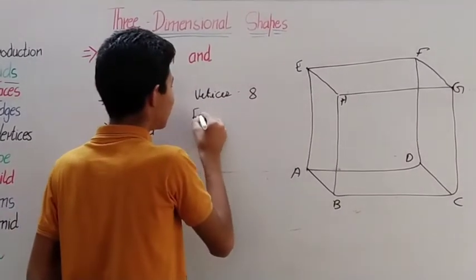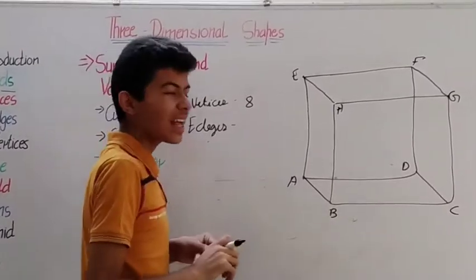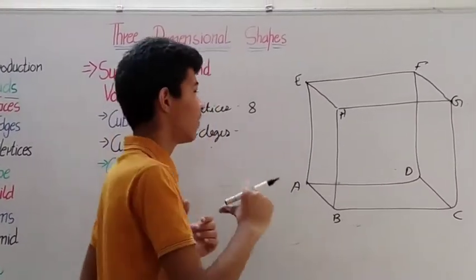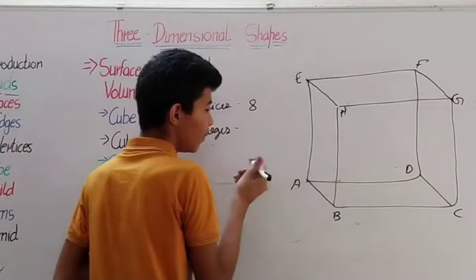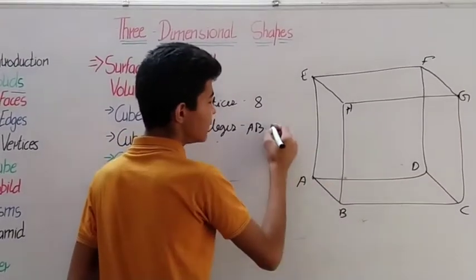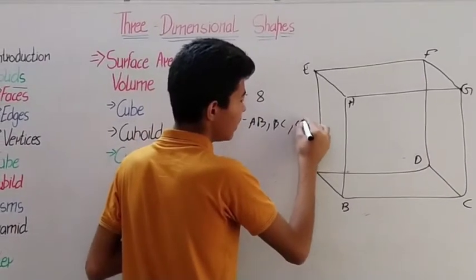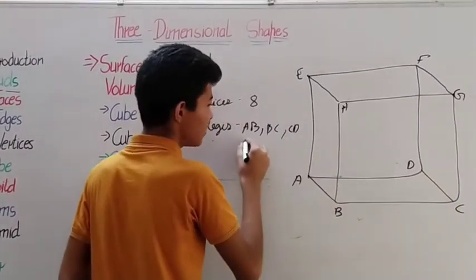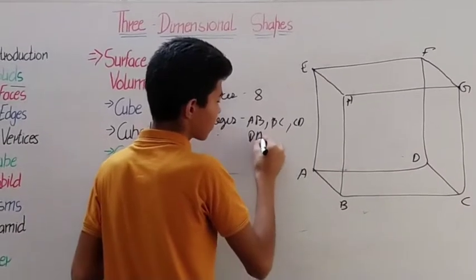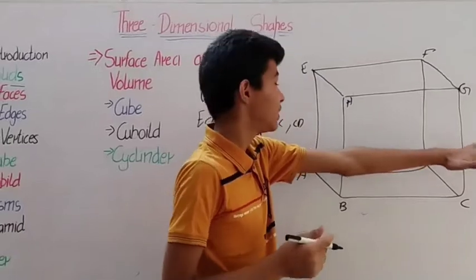Now how many edges does it have? Edges are the lines. Let's first calculate the lower ones: AB is one line, then BC, then CD, and then DA. These are the edges at the lower level.